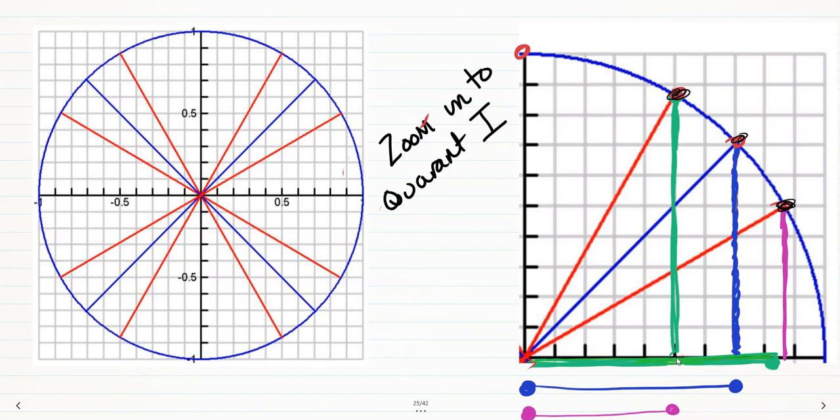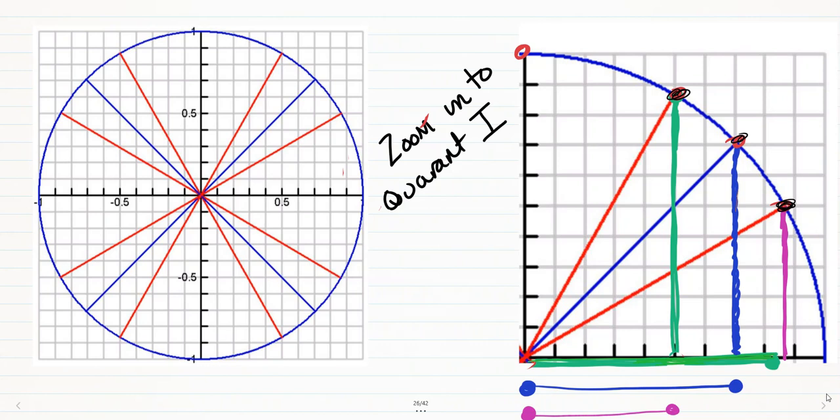X is small and y is large. So all I have to do is know which, is it a short line? Is it a medium line? Is it a long line? And then choose 1/2, square root of 2 over 2, or square root of 3 over 2.